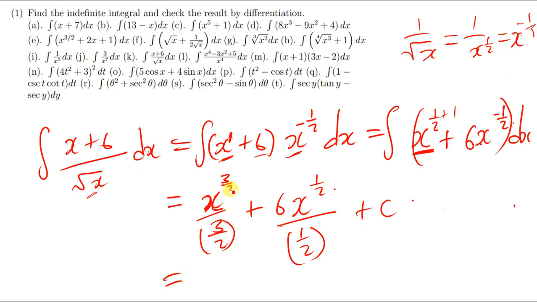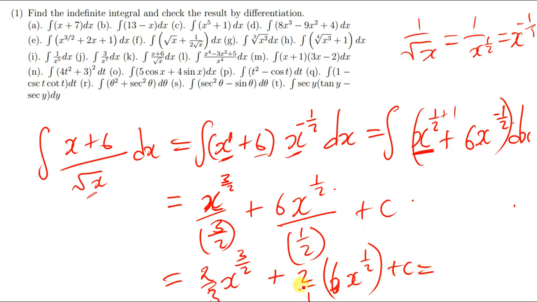So if we divide this by that, we're going to get 2 over 3, then x to the power 3 over 2. Then we say plus, when you divide this by that, we're going to get 2 over 1. We have 6 x to the power half. So plus c.